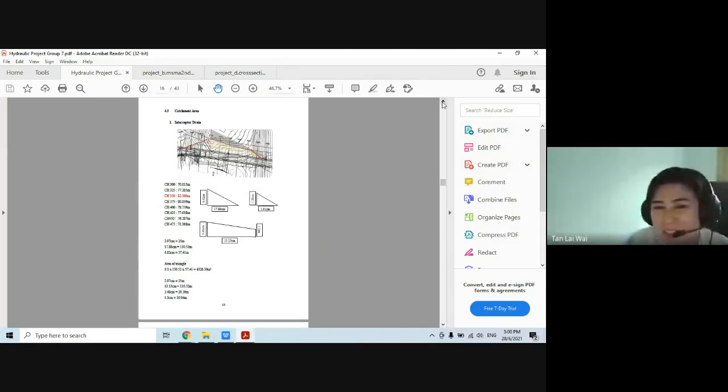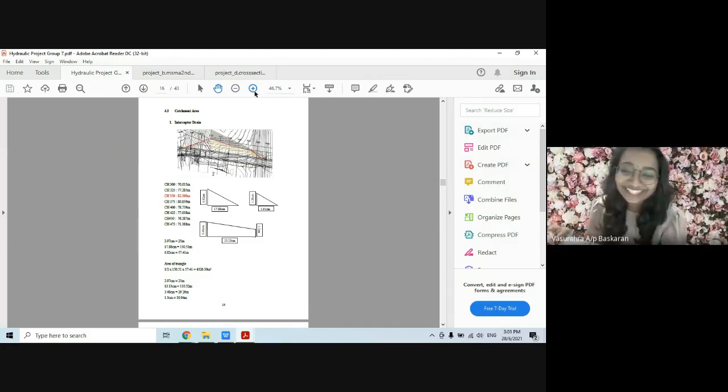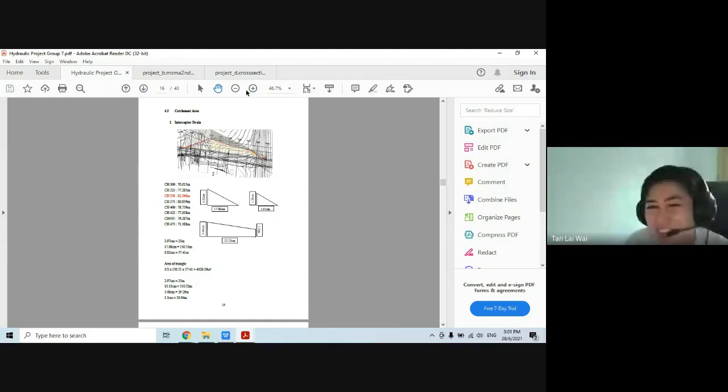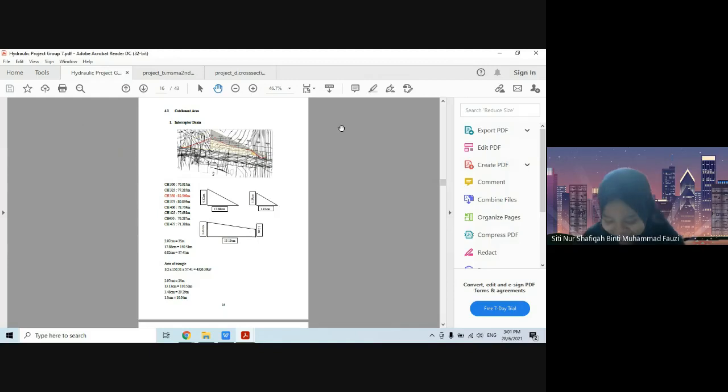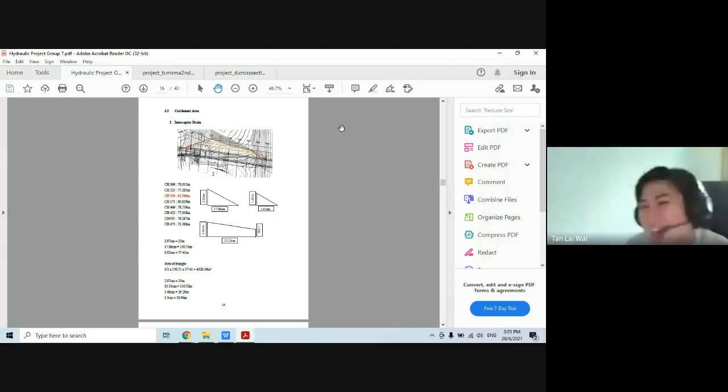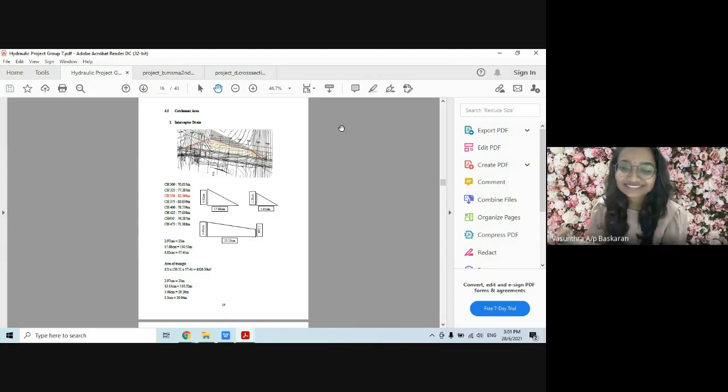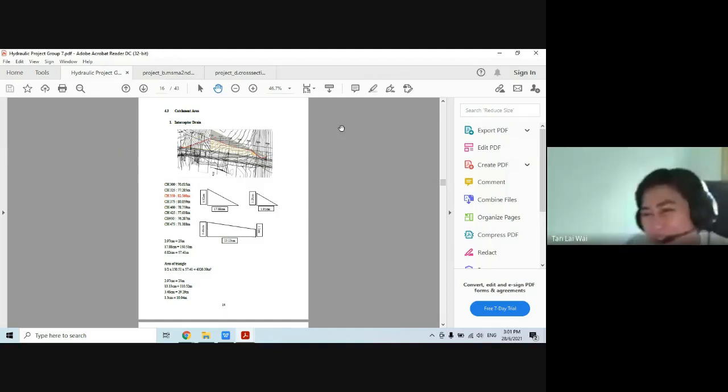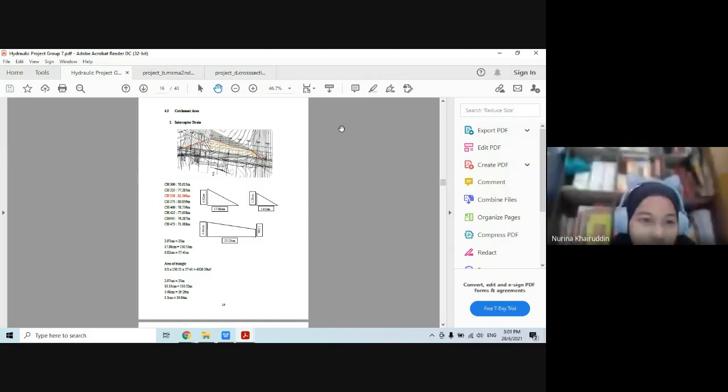Sebenarnya Nurina kena jawab tak? Okay. Jadi dah jawab. Syafika dan Suntra yang buat benda ni, jadi saya tak nak tanya. Okay, sorry doktor. Nurina, okey tak? Nurina, boleh explain tak? Ya doktor.